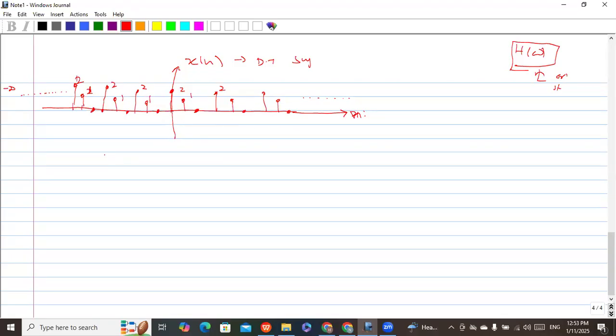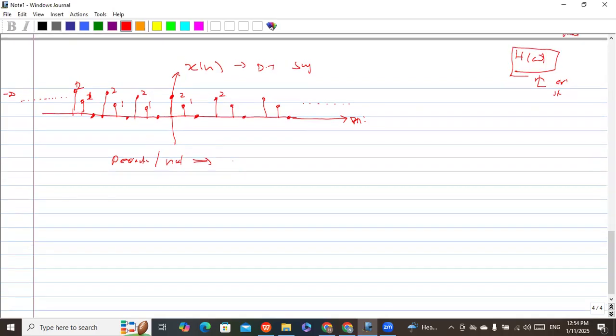First tell me, is this periodic or not? Quickly tell me, we don't have much time. Yes, that is periodic. Then if it is periodic, can you tell me what is the period?